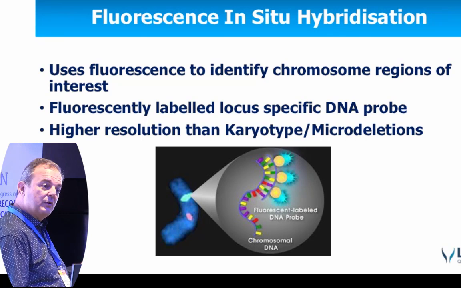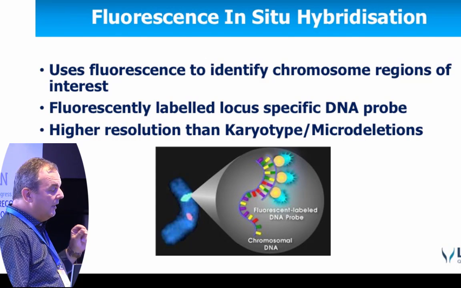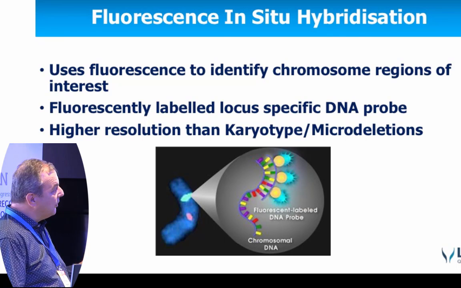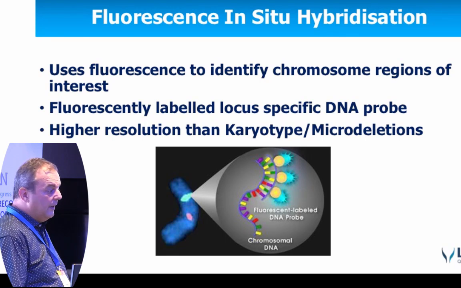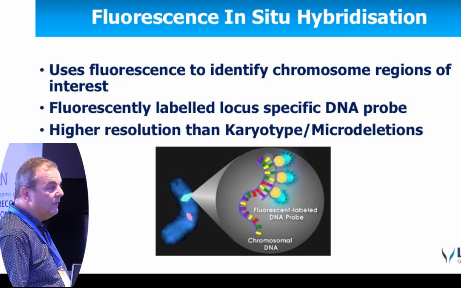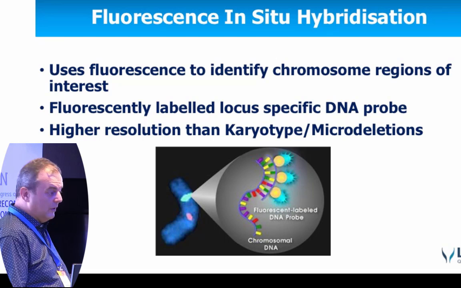This is very good because it also improves the resolution of cytogenetic analysis, since you can detect a green spot or a red spot corresponding to a small deletion, like the common deletion for DiGeorge syndrome, which would be invisible otherwise under the microscope.